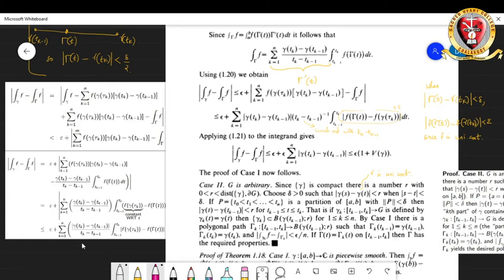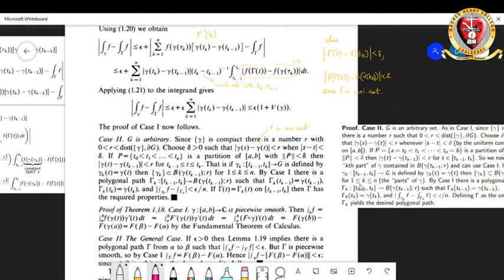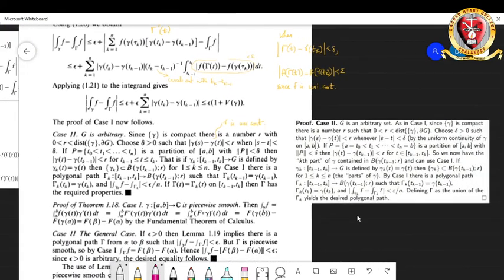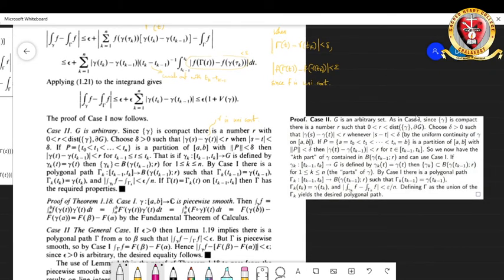And to prove the second one, G is an arbitrary set. We can look here. Here also this gamma, the trace is compact, and there exists a number such that there is this distance in between the points and the boundary.